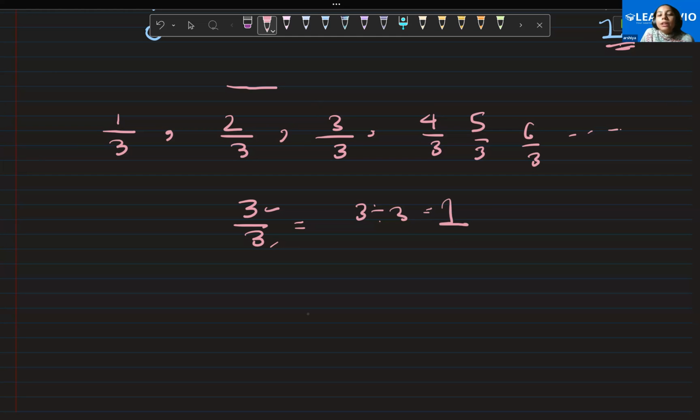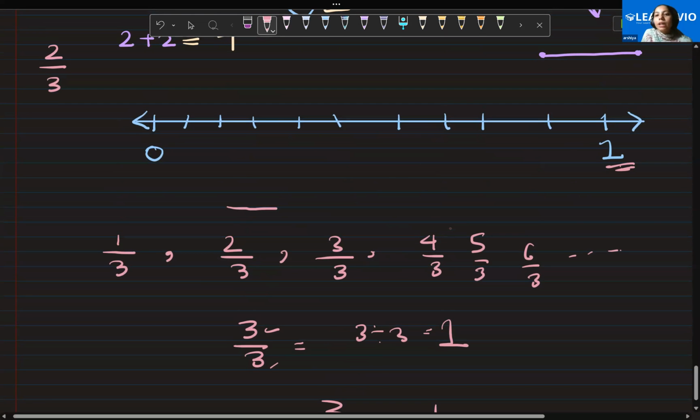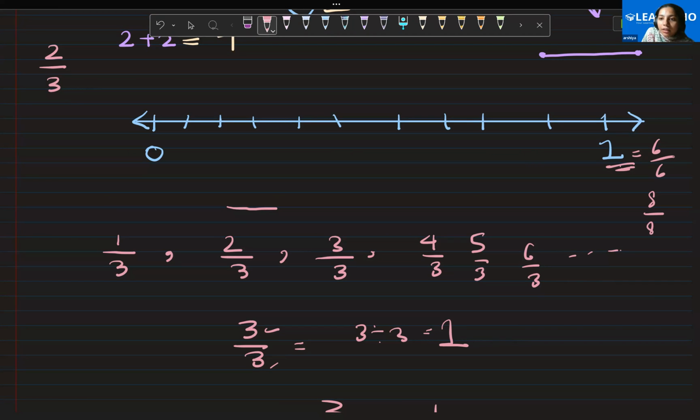Yes. So whenever 3 by 3 is written, this will be equal to 1. Two same numbers, your answer will be 1. Let's say 6 by 6 will also be 1, 8 by 8, 7 by 7. So this is what it means.